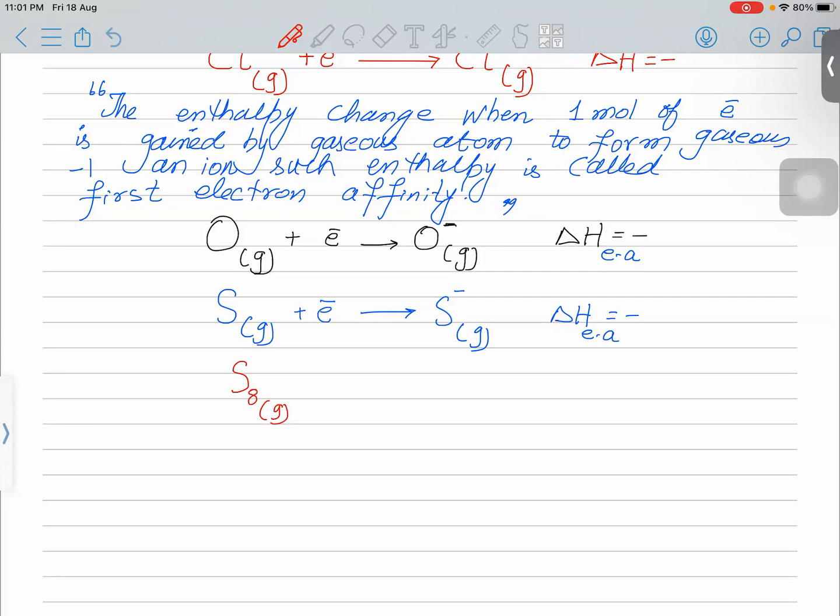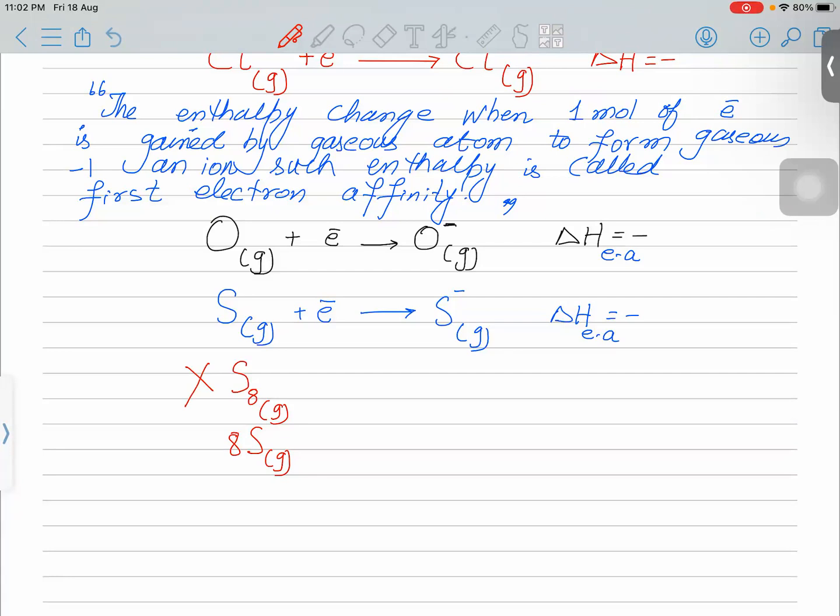Now, can you tell me, is it correct to write in that form or in this form? Which one is correct? The first one is wrong because it is not an atom.